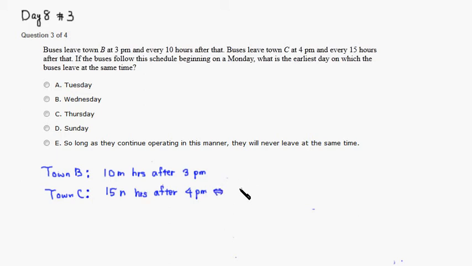So it's going to be 15n plus 1 hours, because it's an hour late, hours after 3 p.m., right?